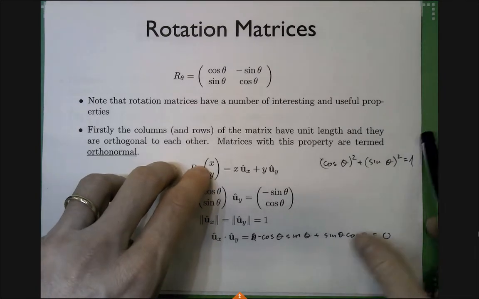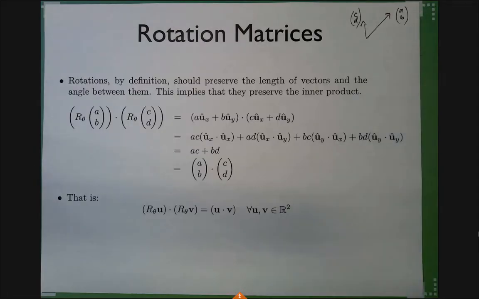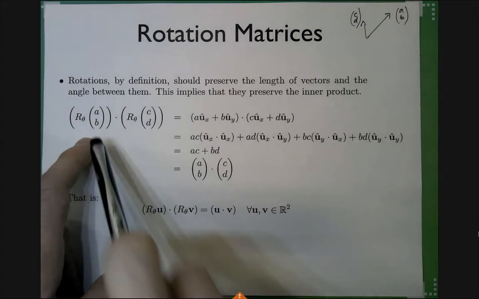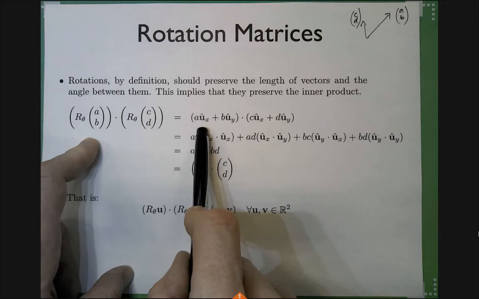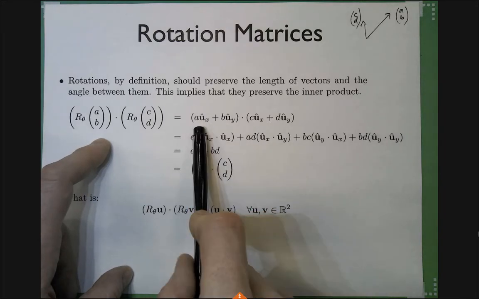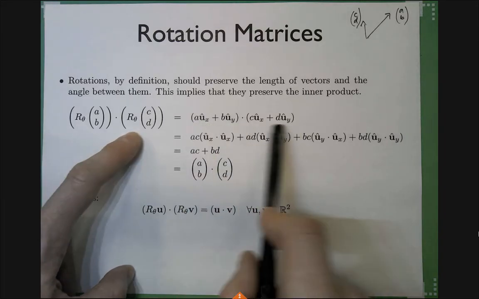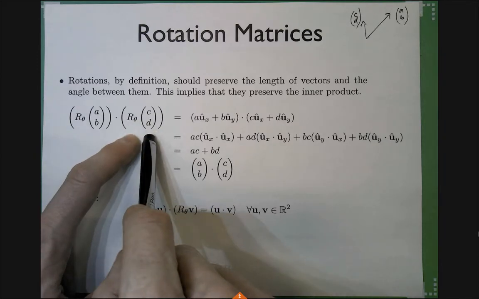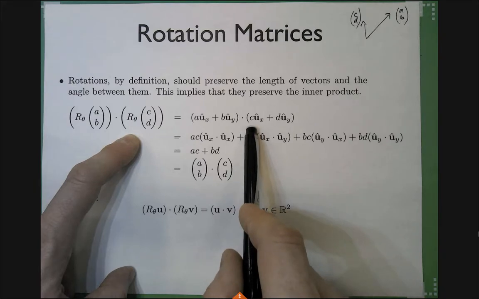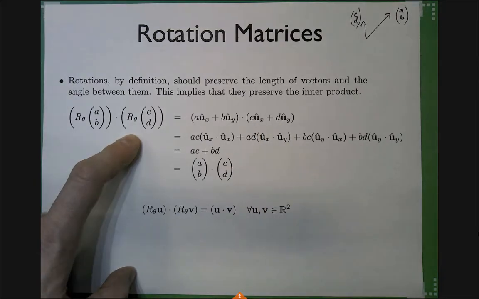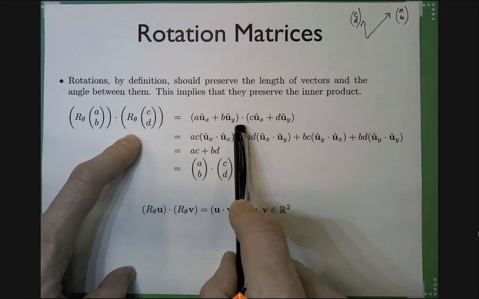And I am using it here in this proof because R theta times (A, B) will be A times the first vector plus B times the second vector, ux hat, uy hat. This is the same rotation applied to a different vector. So the ux hat, uy hat is the same, but there are different coordinates of the vector, this time C and D, okay? This thing in between them is the dot product, all right?